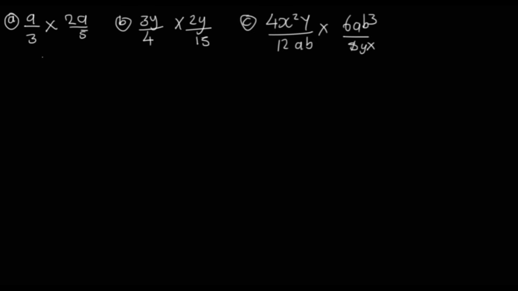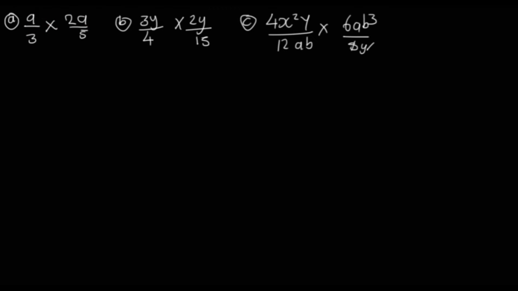Okay, so now let's look at the first part here. We can see that there are no common terms that we can cancel. If you are trying to do the cancelling, you need to look at this part here. We need to see if we have a common number or letter so that we can see if we can cancel. Now we can see that there is no common factor that we can cancel.